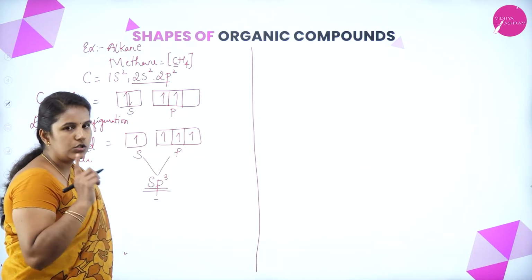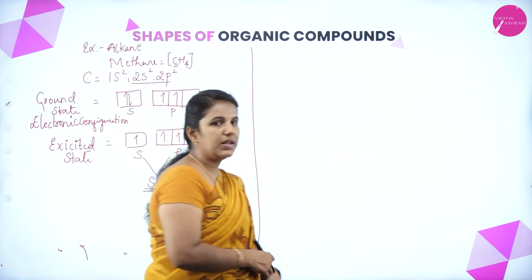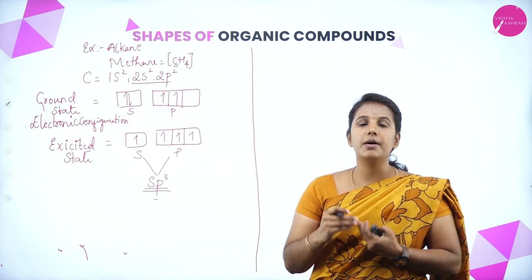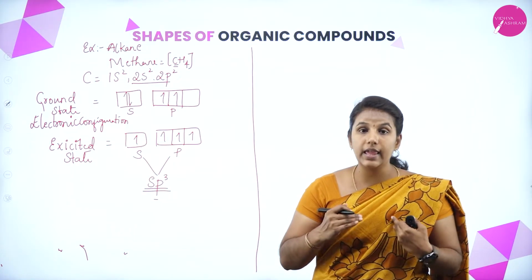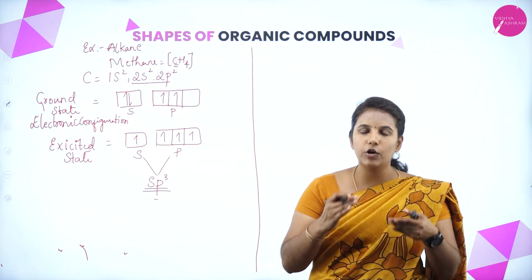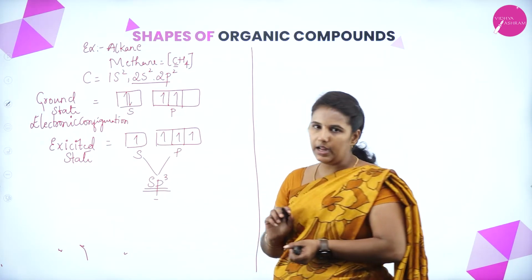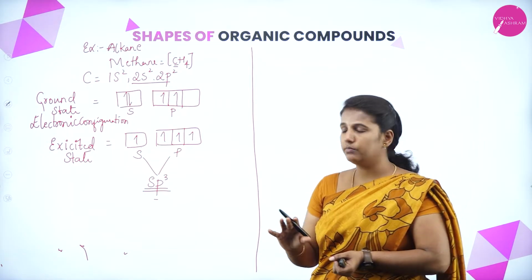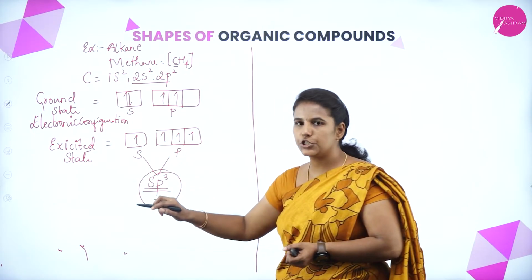Hope you understood how I wrote sp3 hybridization. It comes only when the atomic orbitals overlap, due to the differences in energies. In order to make the energy equal, they combine and result in the formation of sp3 hybridization. So the carbon atom in alkane undergoes which hybridization?